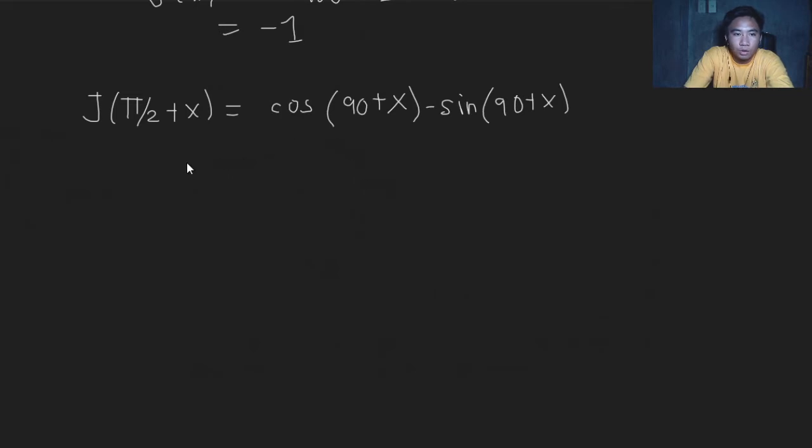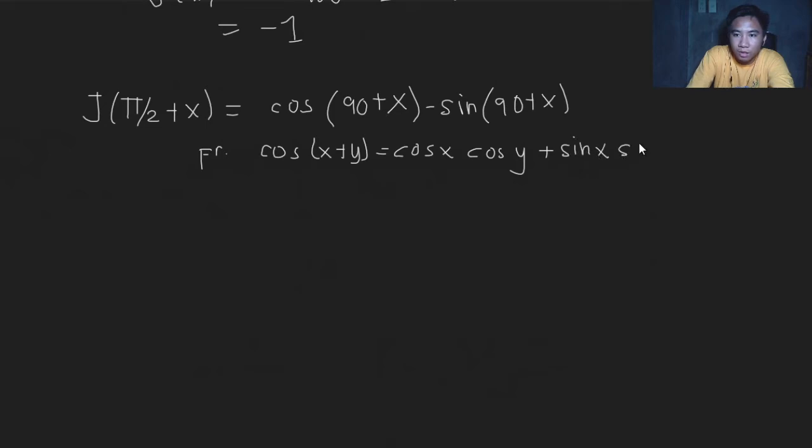So, from cosine, ano na yung identities ng cosine? So, cosine x plus y is equal to, si cosine x plus y, ang identity niya is cosine x cosine y plus sine x sine y.